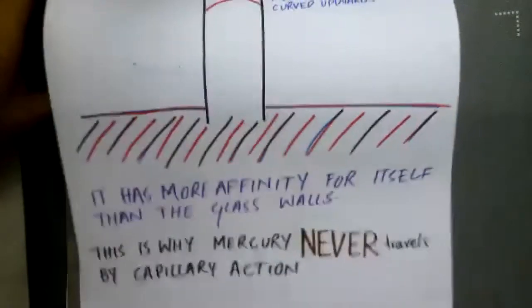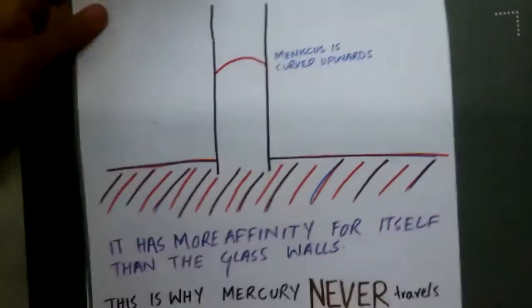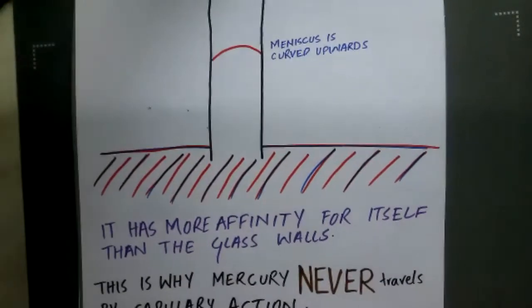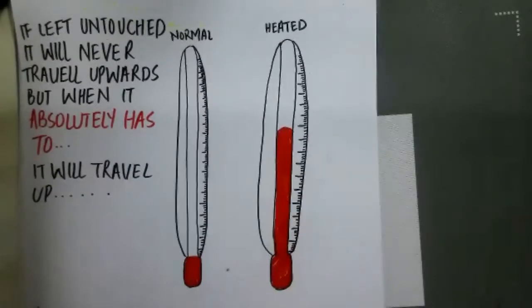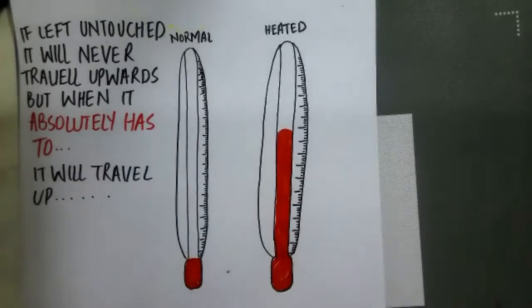Moving on, I'll also give you another example, mercury. Mercury, first of all, has more affinity for itself than for the glass walls. And this is why mercury never travels by capillary action. That's kind of confusing because in thermometers we use mercury, and I just said that mercury never travels by capillary action.